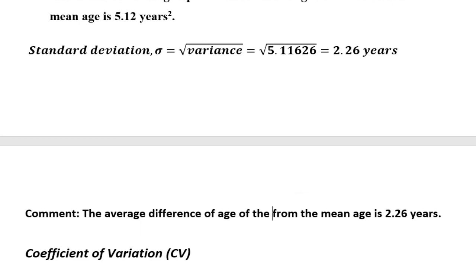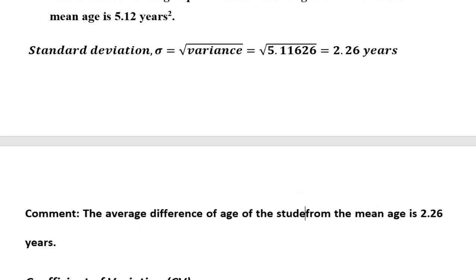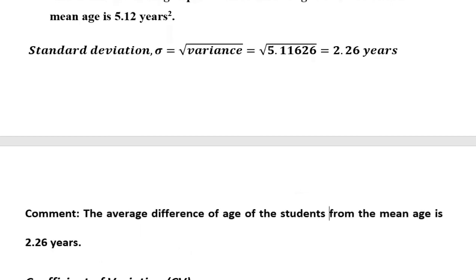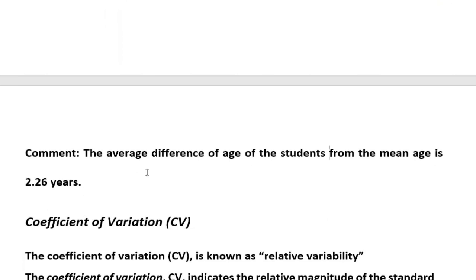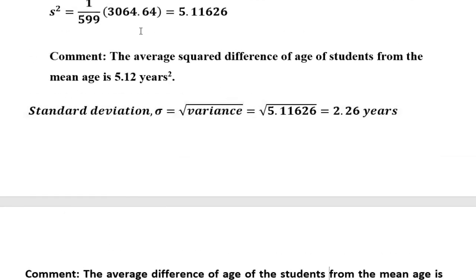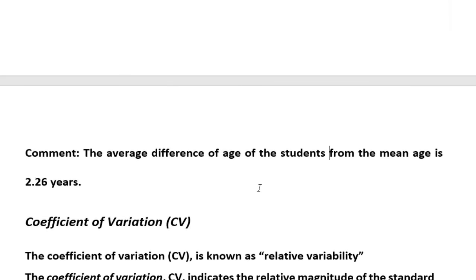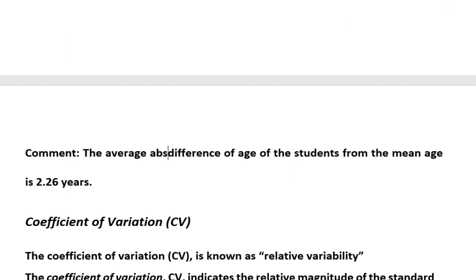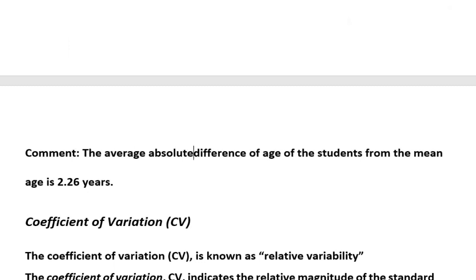So the average difference of the age of the students from the mean age is 2.26 years. This is the comment for the variance and standard deviation. Remember, again I am repeating, variance is the square difference and standard deviation is the absolute difference. You can write here average absolute difference of age of the student is 2.26.